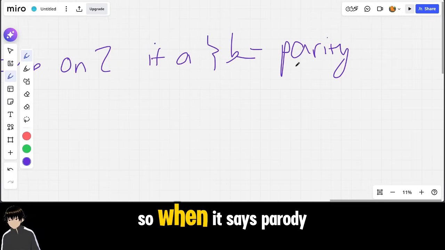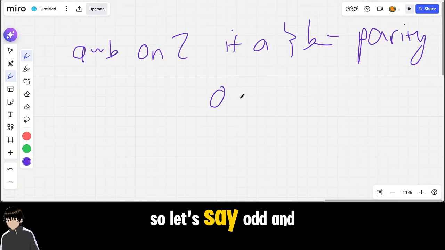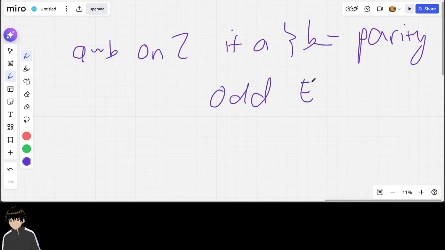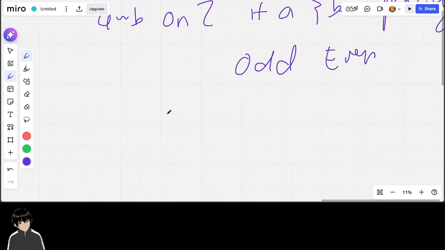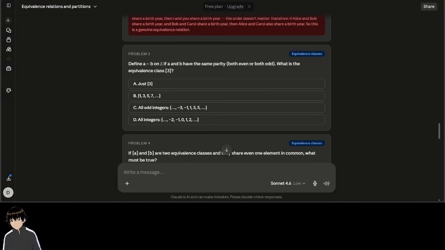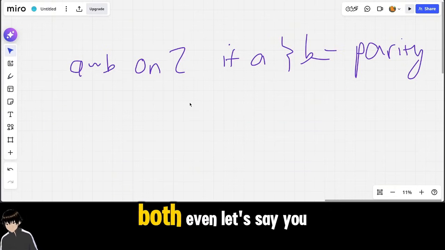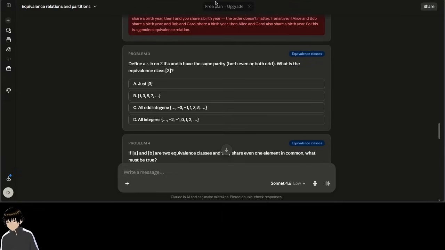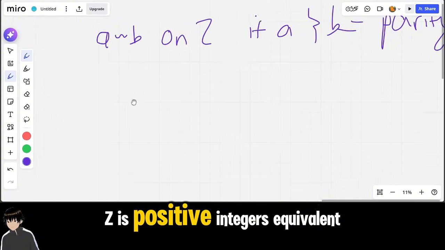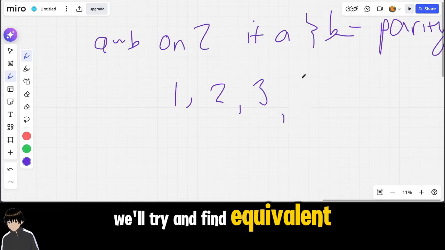When it says parity, let's say odd and even, it can be both odd or both even. Let's say you have Z, the integers, and we're trying to find the equivalence class.